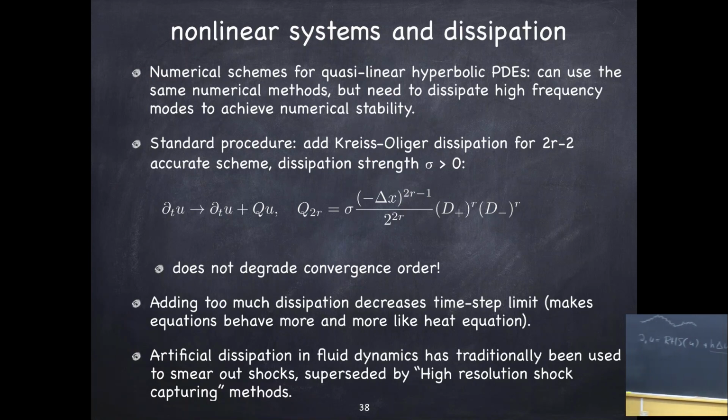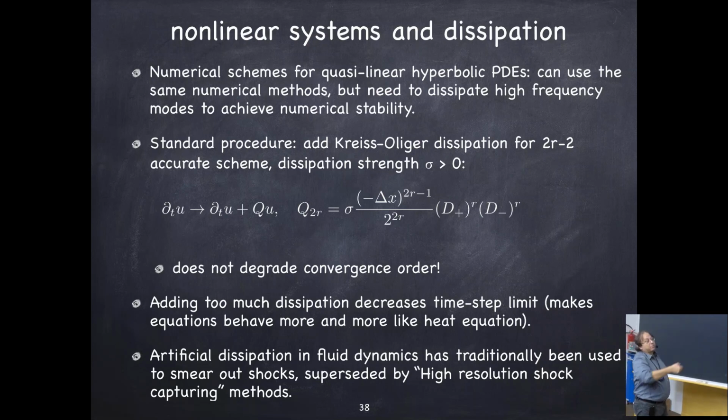So if I want higher order schemes, I have to generalize this a little bit. The standard way of generalizing this is with this particular expression, but basically this is a first order derivative, and this is another first order derivative. You have to take this to some power, and then you have to scale it appropriately. And now there's a little catch.